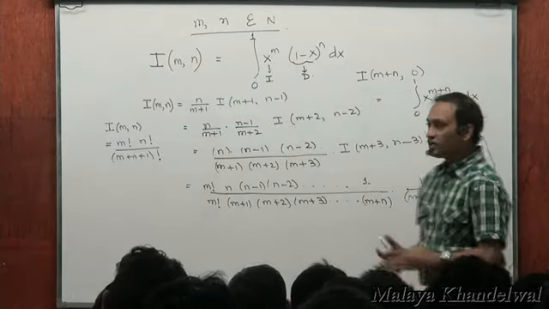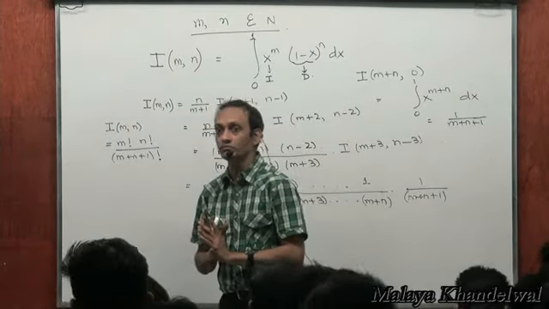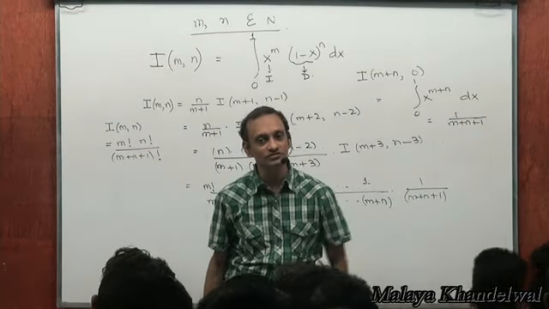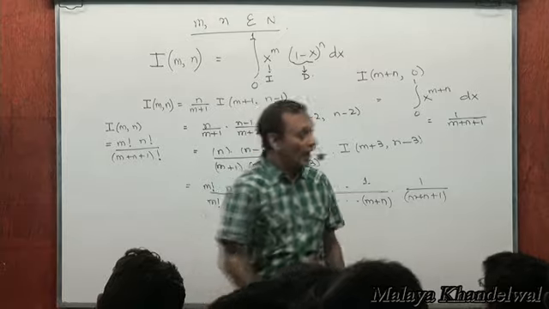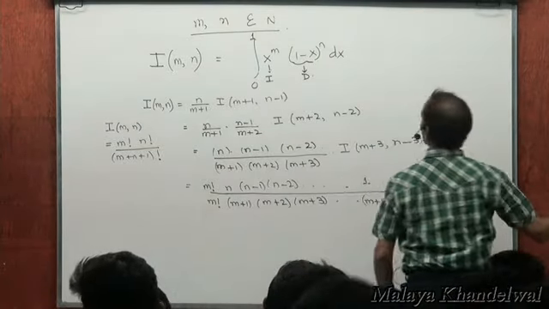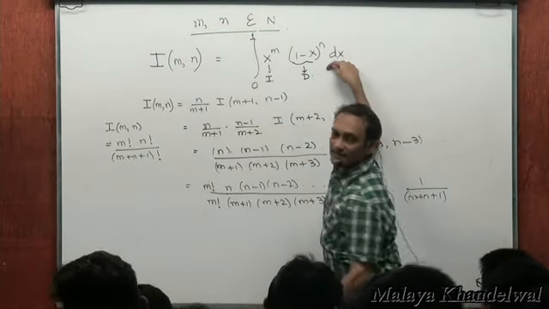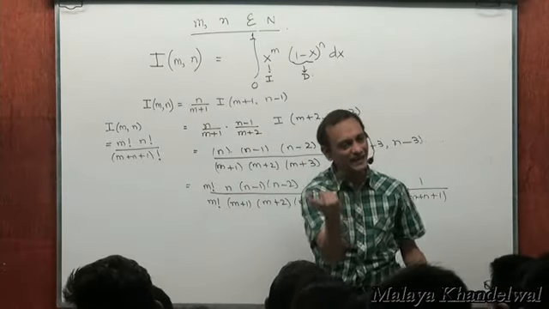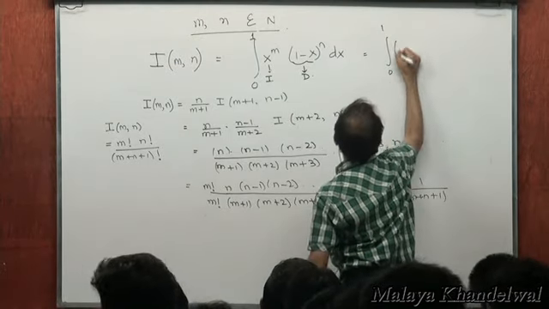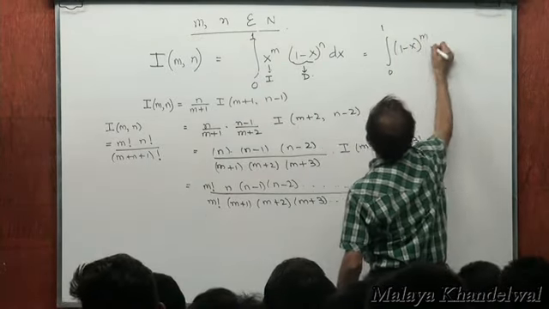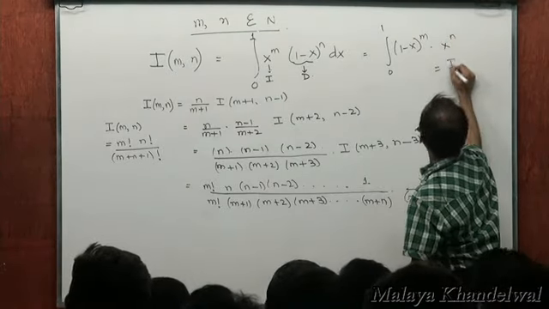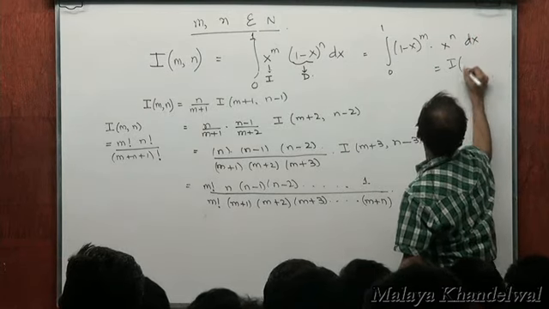And hey, funny thing, but not so funny. You can interchange m and n and nothing changes here. And no surprise, because look, in the integral from 0 to 1, x can be replaced by 1 minus x. So replacing x by 1 minus x gives 1 minus x to power m into x power n, which is I(n,m).